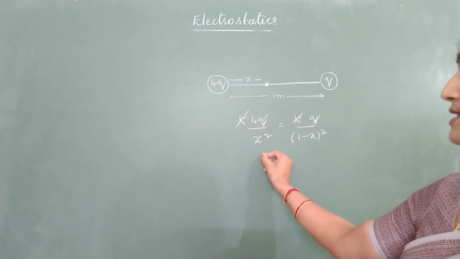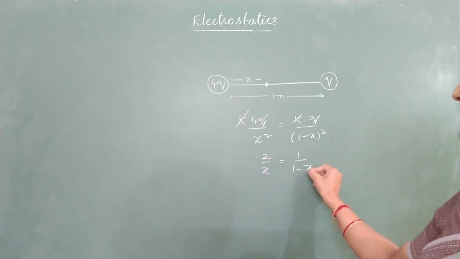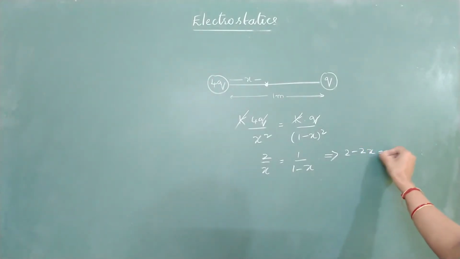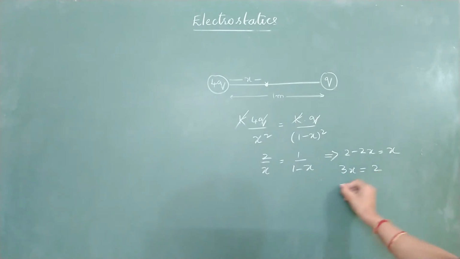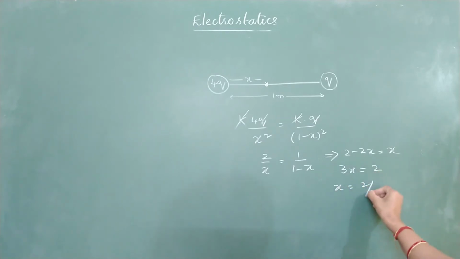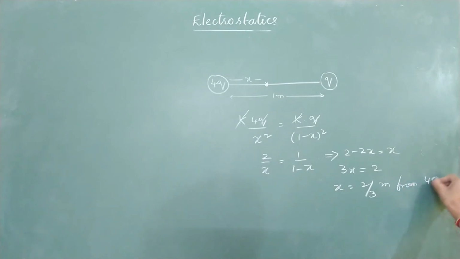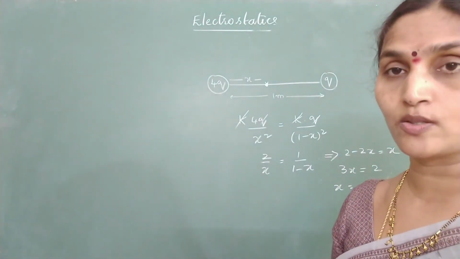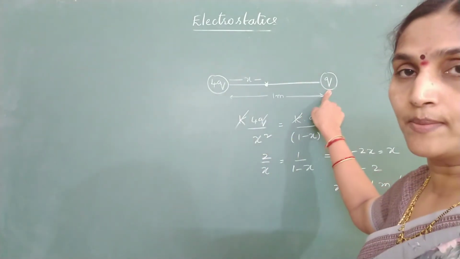Apply square root on either side. 2 by x is equal to 1 by 1 minus x, implies 2 minus 2x is equal to x, or 3x is equal to 2. What is x equal to? 2 by 3 meter from 4q. This is a must. From which charge you are measuring the distance has to be mentioned. So this is the case if both the charges are of the same type.